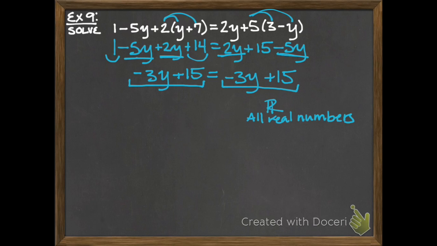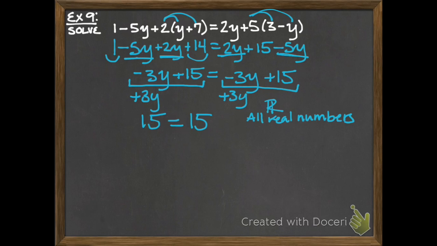But this next step is where you'll also see it. If you hadn't caught that in that step, as soon as I tried to add 3y to both sides to get those y's on the same side of the equation, you would have been left with 15 equals 15. As soon as you end up with any number equals itself without a variable, so you eliminate that variable, that's another cue that 15 will always equal 15.